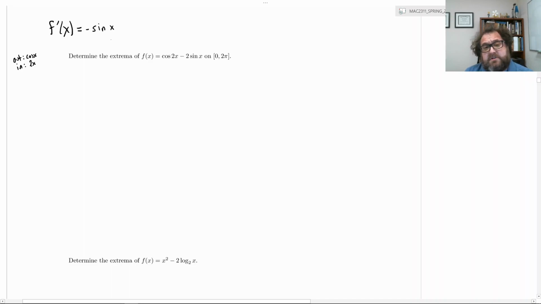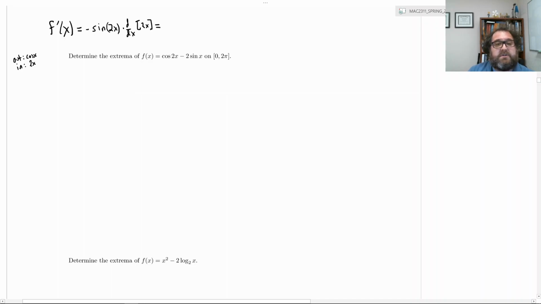The second step says to evaluate that derivative at the inside function, so evaluate at 2x. So I'll put some parentheses there. And then we multiply by the derivative of the inside function, the derivative of 2x. Of course, the derivative of 2x is 2.